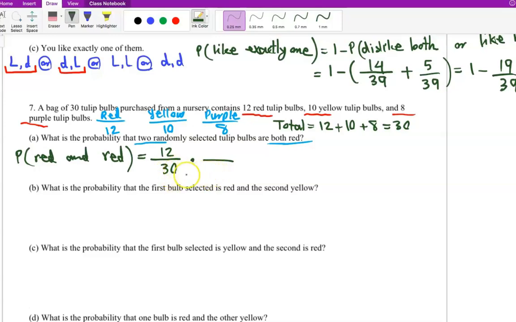So we have to subtract that one. We have 29. After choosing each one of these bulbs, obviously I'm not going to return it back inside the sample space. So that's why this is without replacement.